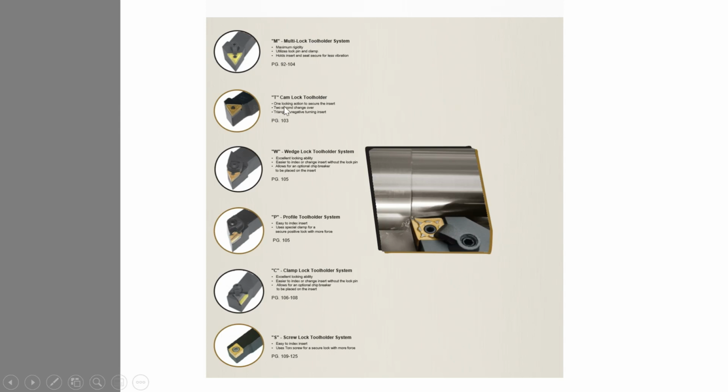T is a cam lock. With the help of a cam shaped wedge you can lock it. Then wedge lock is a wedge shaped locking system. Then profile, as per the insert profile you can use a profile tool holder. And lastly C type, that is clamp, and S is for screw.